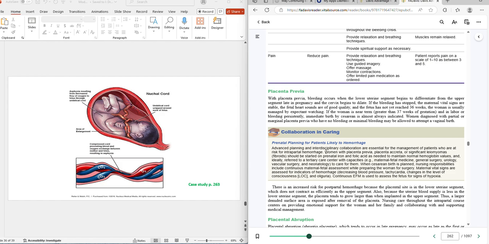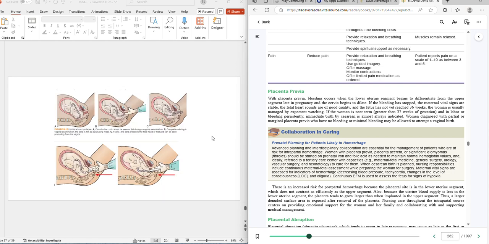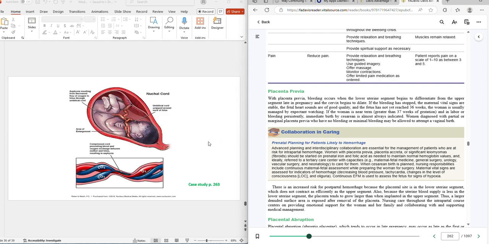Placenta previa occurs when there's a portion of the placenta that is kind of low-lying.